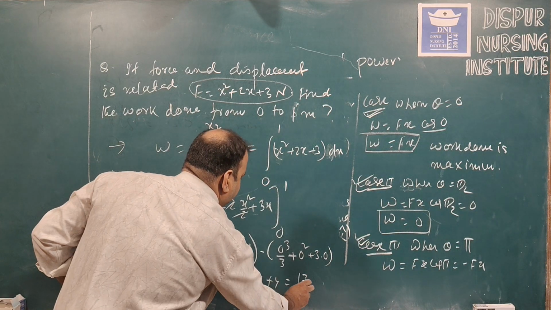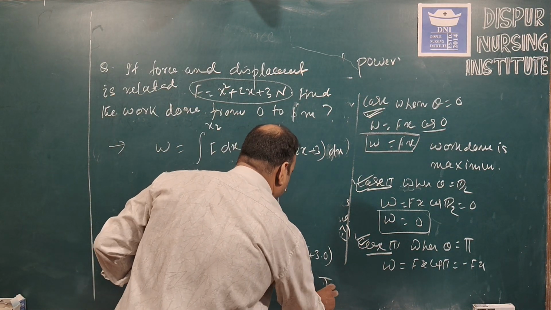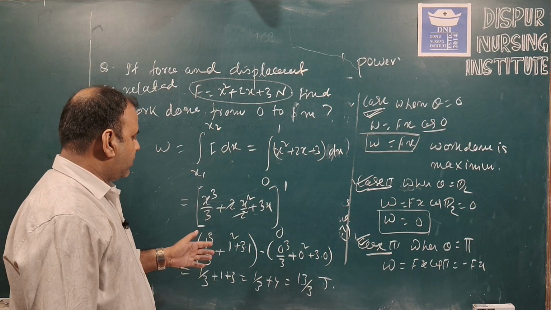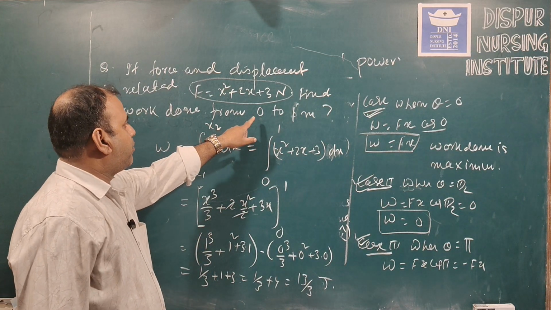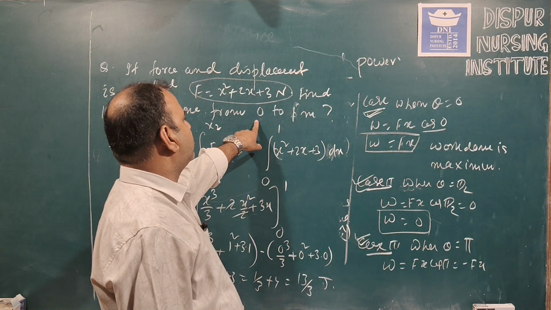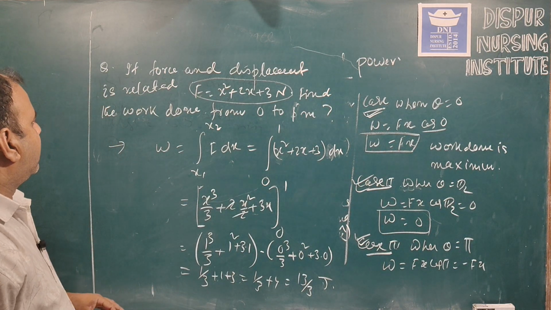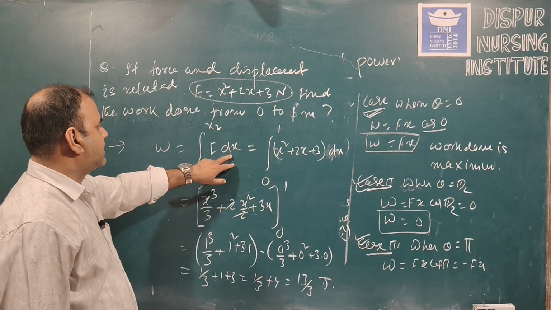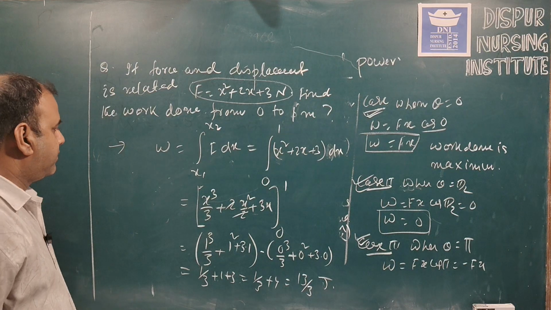So it will be 13 divided by 3 joule. So 13 divided by 3 is the work done. You remember 13 by 3 is the work done for the interval of distance 0 to 1 meter. In this way always remember the work done can be calculated in terms of displacement. Here displacement is given, F dx, so we can write like this.